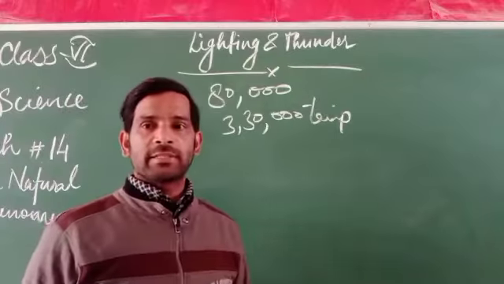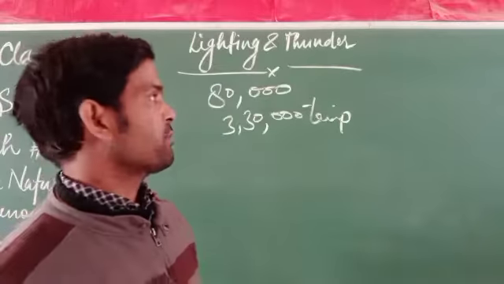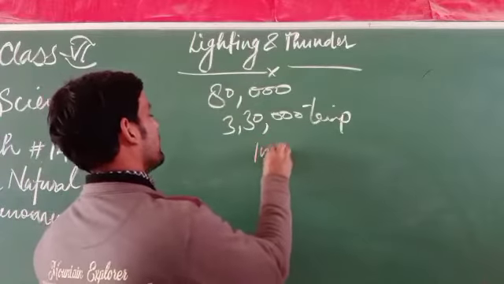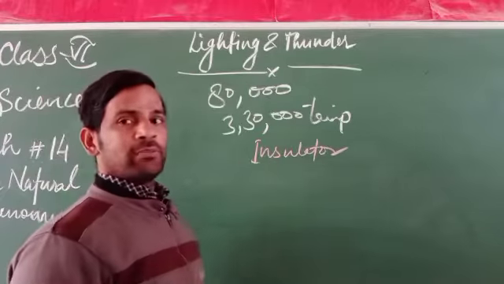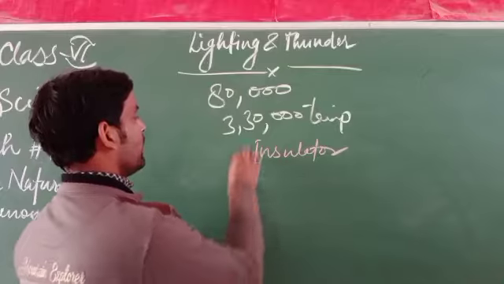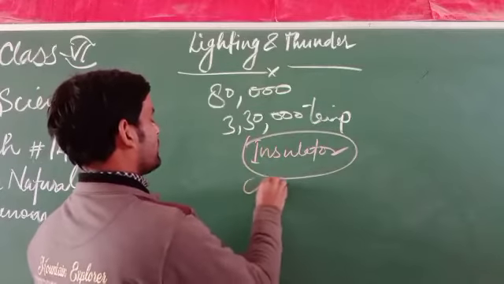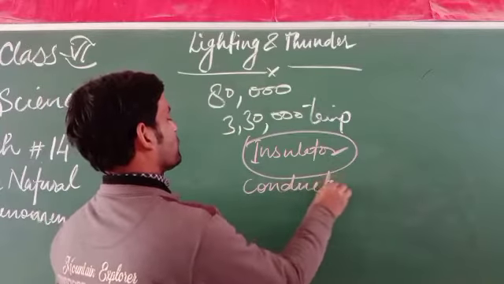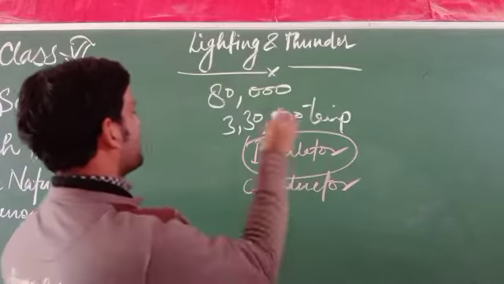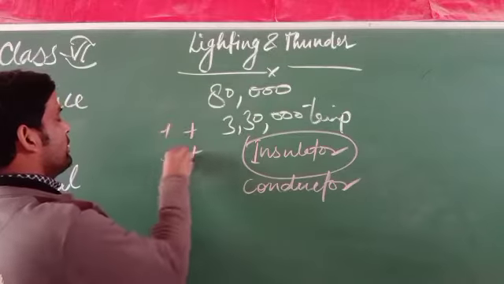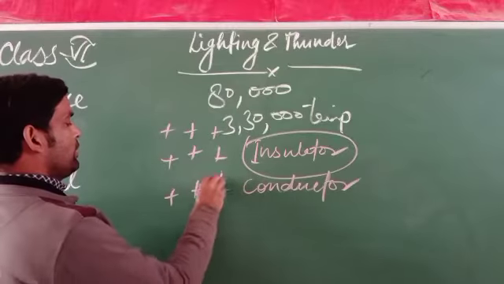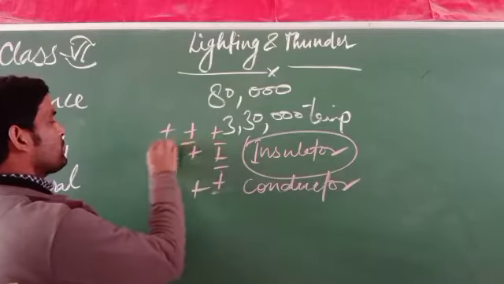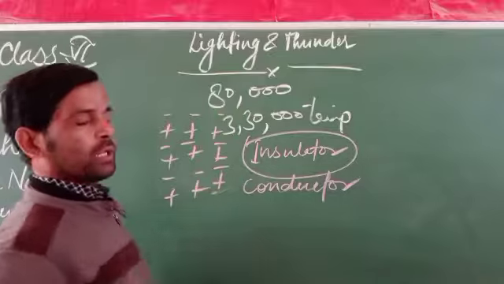Due to this rise, the air, which is an insulator, comes in contact with this temperature and becomes a conductor. Through this air, the charged particles are carried either from cloud to cloud or from cloud to ground.